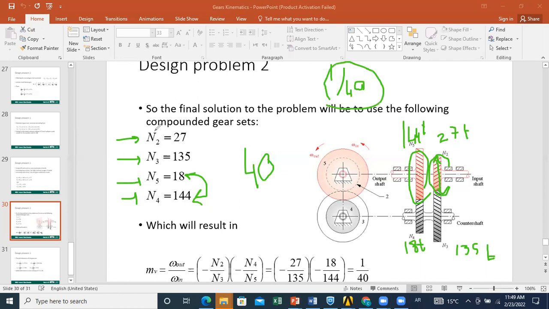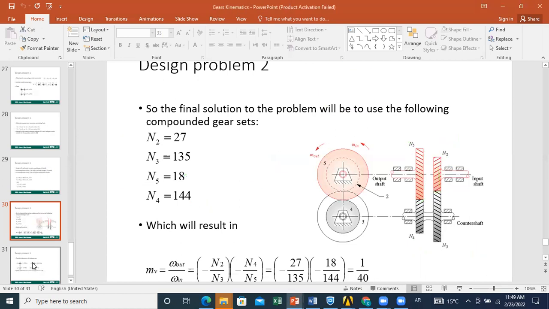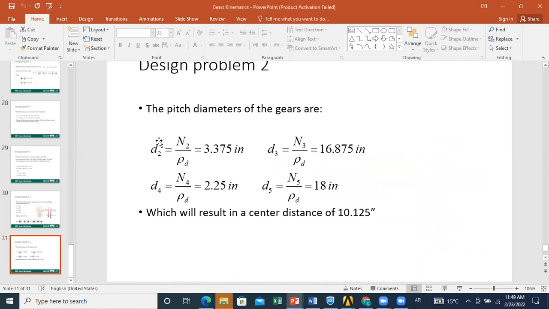Now, because we know all values of N, and since we have the diametral pitch equal to 8, we can find all pitch diameters. So D2 is N2 over the diametral pitch, and the value will be in inches.